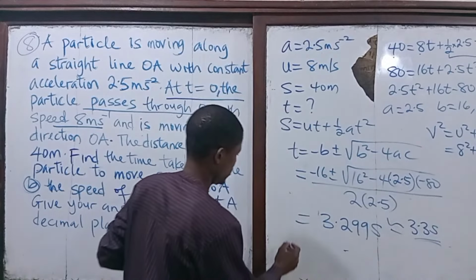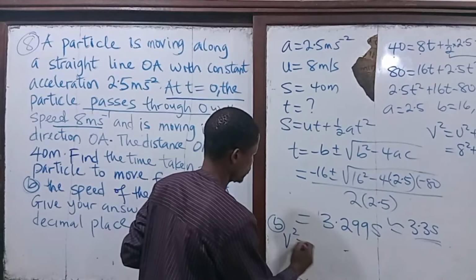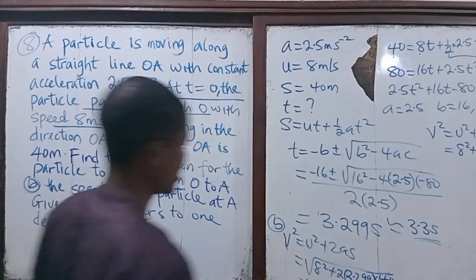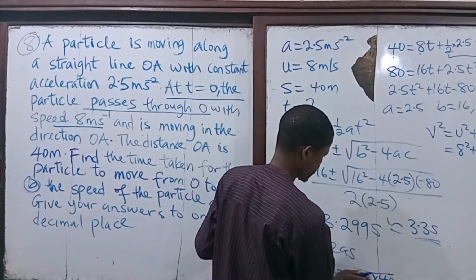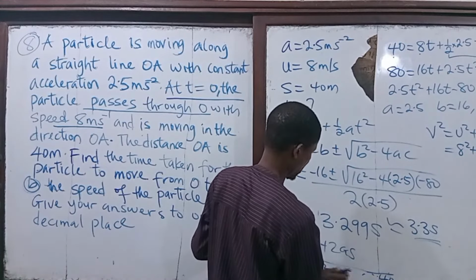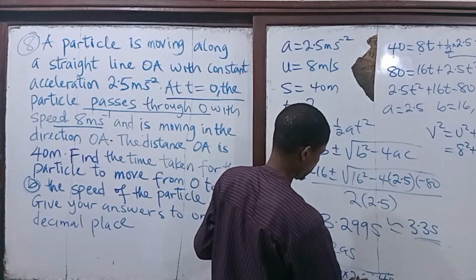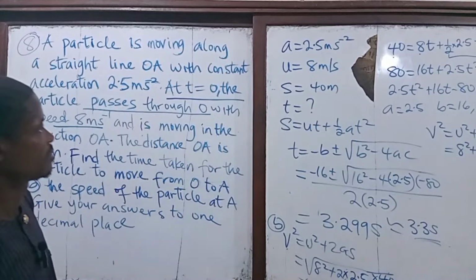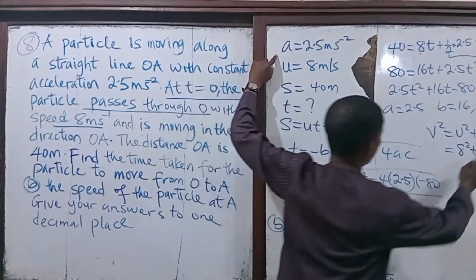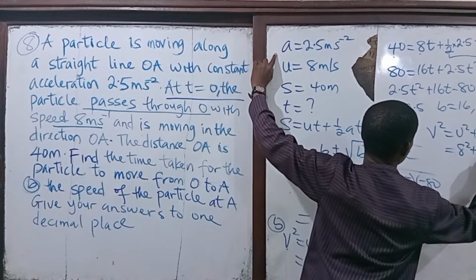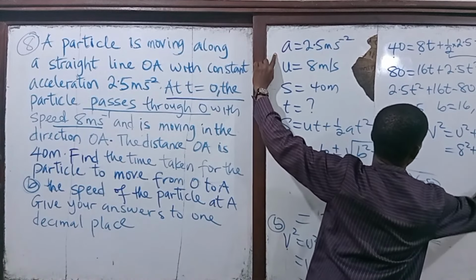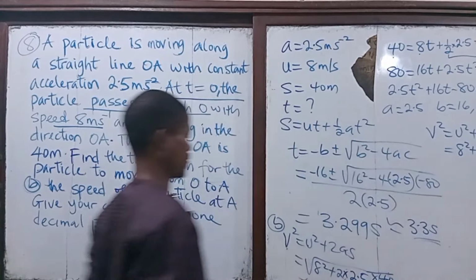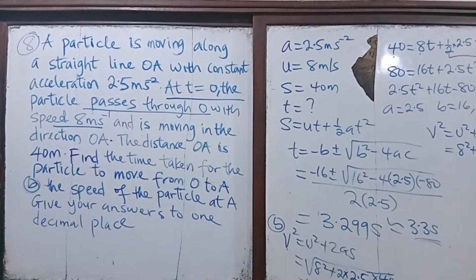Okay, let's do it this way. So this is equal to v squared equals u squared plus 2as. Mistakes here. Our a is 2.5, and then times 40. So here also change it to 2.5 times 40.